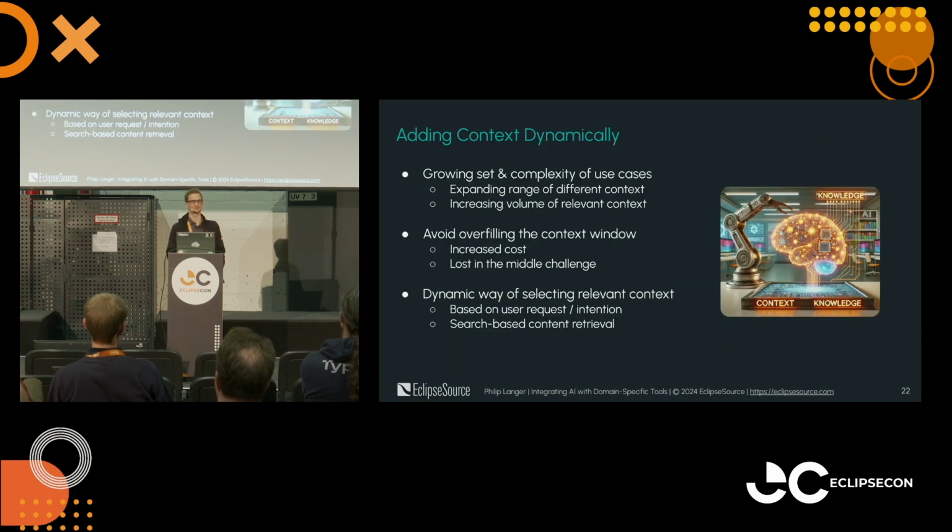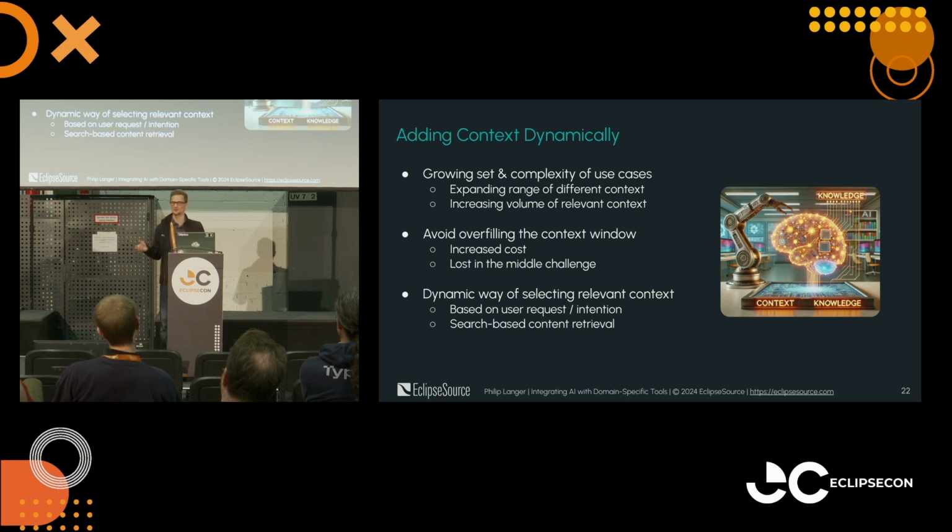However, there is an issue, right? If we always add the workflow diagram to the context, that doesn't seem very efficient because with a growing set and complexity of use cases, there is also an expanding range of different types of contexts, increasing volume of context, and we kind of want to avoid overfilling the context window of the LLM with unnecessary, irrelevant context all the time.